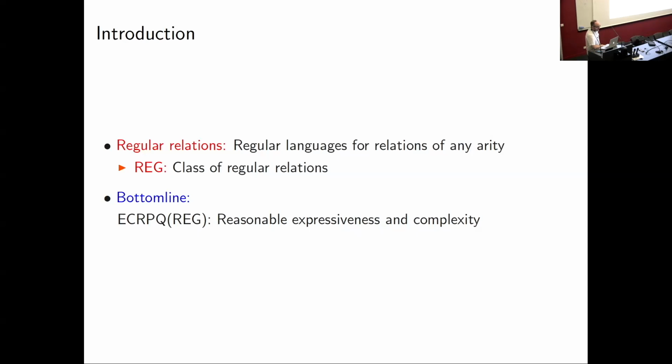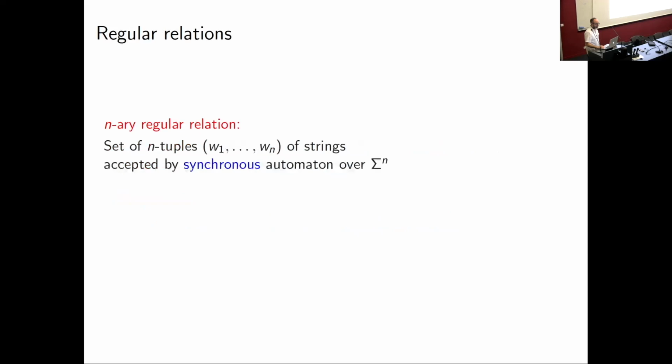So REG will be the class of regular relations, and ECRPQ of REG will be this extension of regular languages with these regular expressions. In any arity, regular relations are sets of tuples of strings accepted by a synchronous automaton over the extended cross-product alphabet.